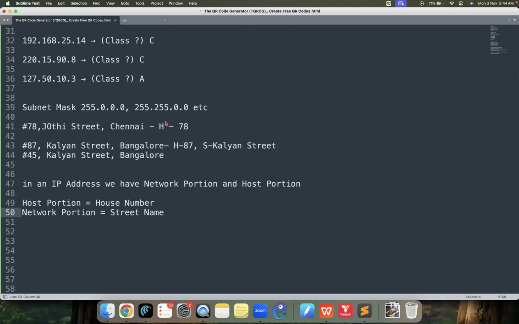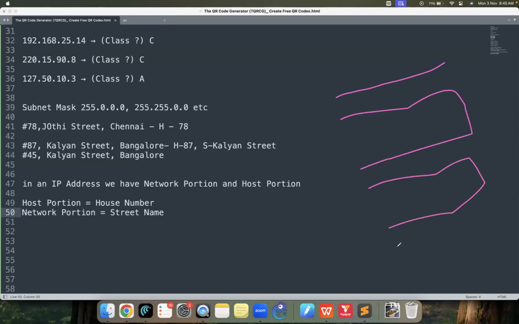If you imagine real-life houses, here is one street, here is one more street, and here is one more street. This is the main road. This is one street, this is one street, this is one street. It's like LAN 1, LAN 2, and LAN 3.